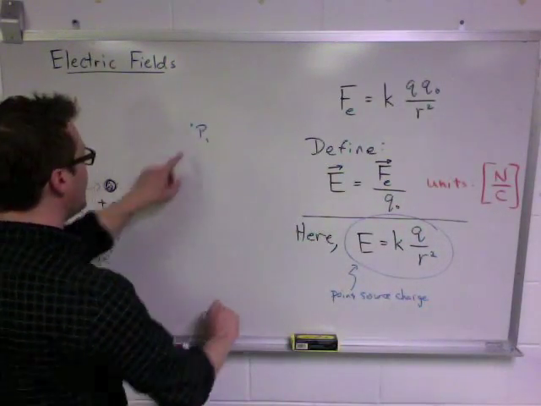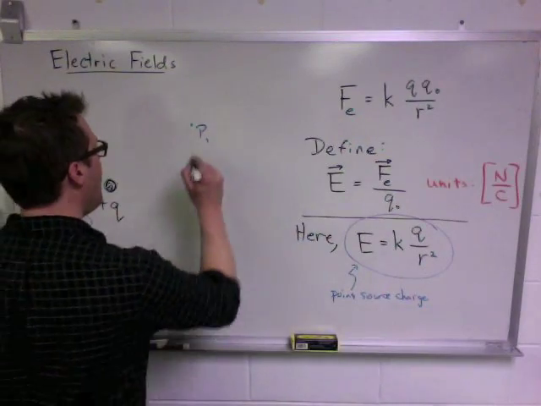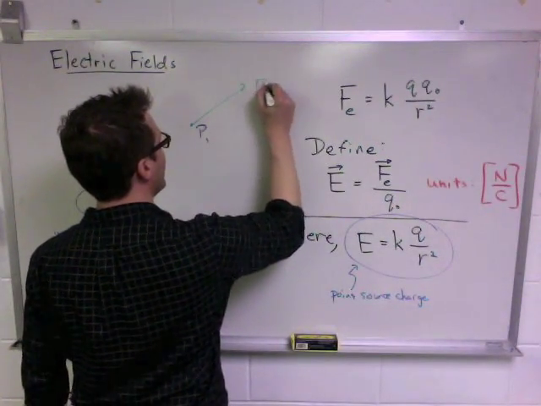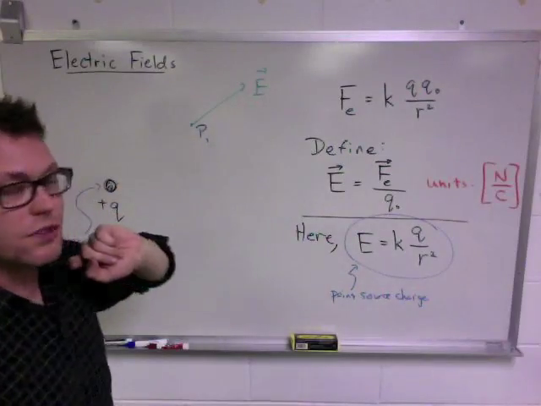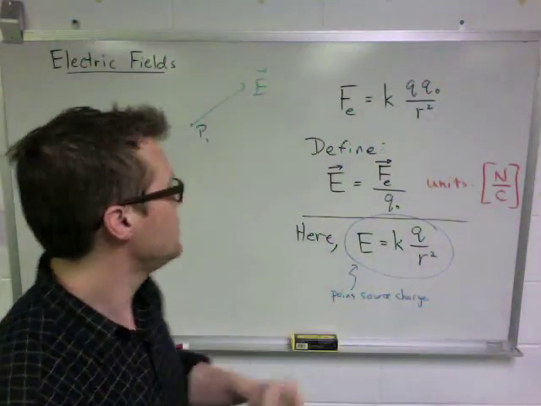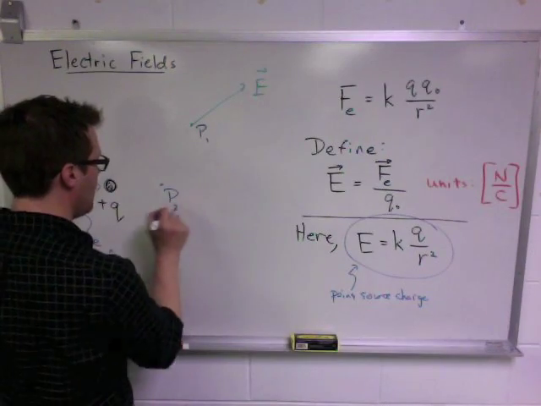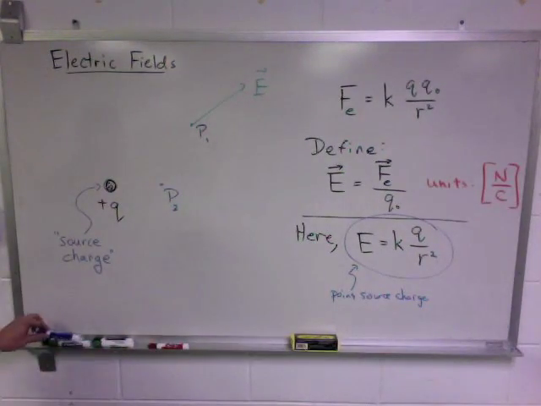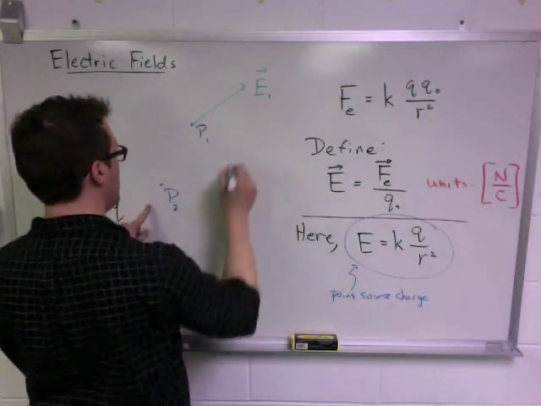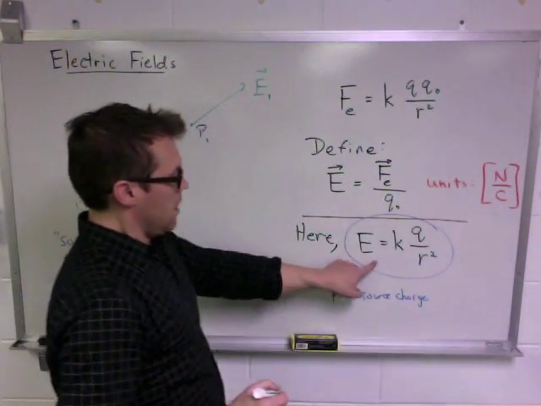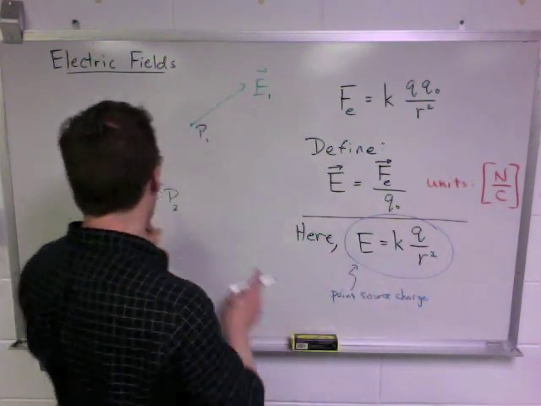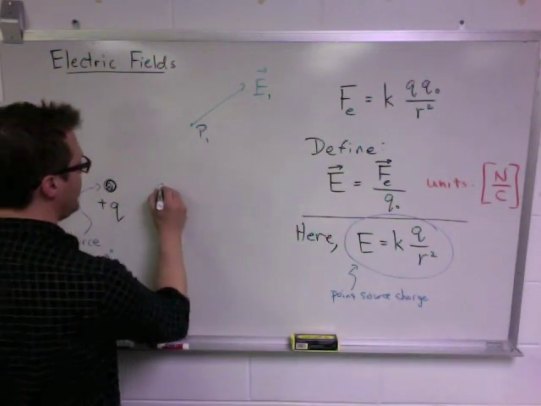Which means that at this point, I've defined a quantity known as the electric field vector, even though there's no charge there to experience it. If I pick a new point over here, the electric field is going to be defined at that point. Call this E1. And in this case, R is smaller because I'm closer to the charge, and so E is going to be bigger.